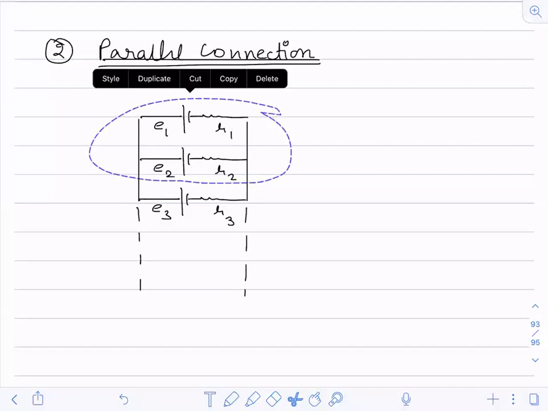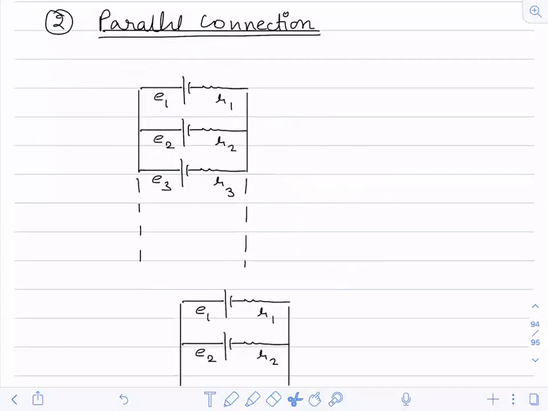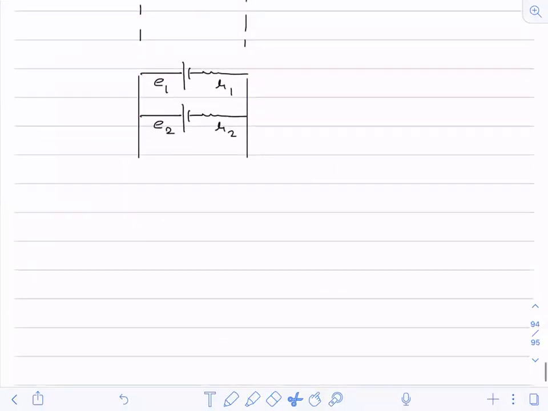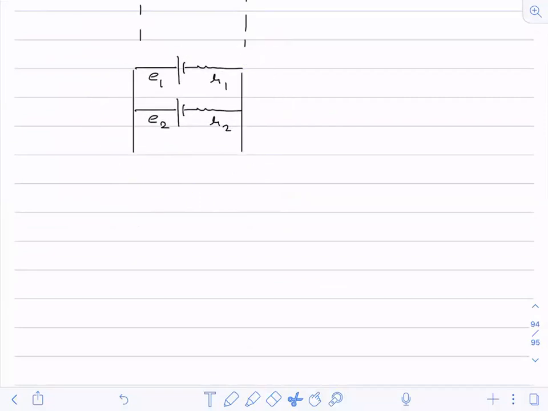Now just see here, I'm going to analyze for this. Suppose I'm having two cells connected, and what is the equivalent EMF and equivalent resistance across these two?